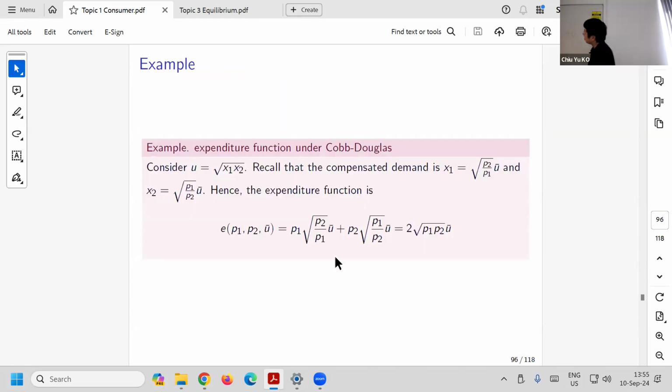Okay, so let's see in practice how you do it. You have this U, and then the price. This is what we figured out in the last example. You just plug that in, and that gives you the exponential function. Of course, you can run a regression: take a log on both sides and run it.